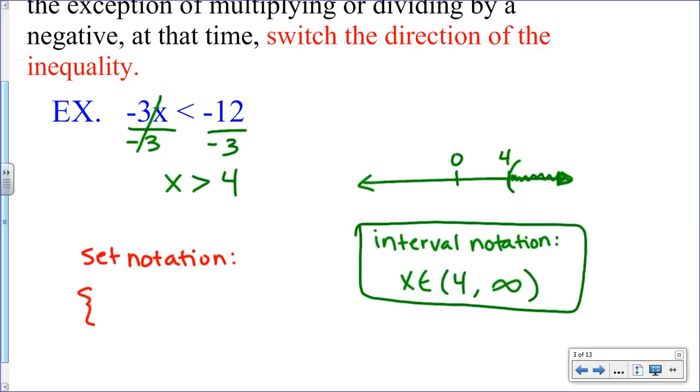So the variable I'm using here is x. So I have x such that. All of these will start off the same way: x such that, or a such that, whatever your variable is. And then you just put your solution. So it's saying we're taking all x such that x is greater than 4.